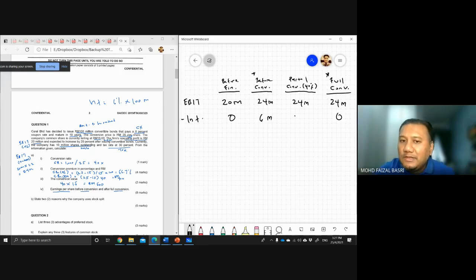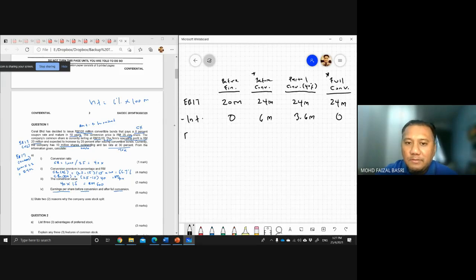So the amount of interest will be reduced to 3.6 million. How I get this 3.6 million again? It's 6 million full interest multiplied with the remaining portion, which is 60%. So 6 million darab 60% remaining is 3.6 million.